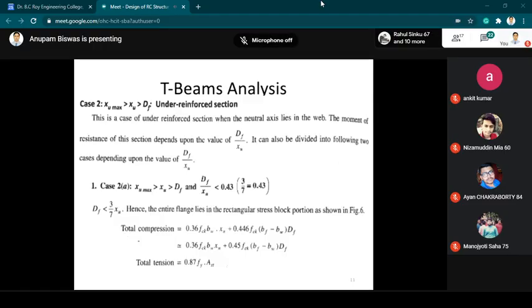If you have drawn figure 6, you will see that when the complete depth of flange lies within the rectangular stress block BCDE, the total compression is given as 0.36 fck Bw into Xu plus 0.446 fck into (Bf minus Bw) into Df, and the tension will be similar, that is 0.87 fy Ast.